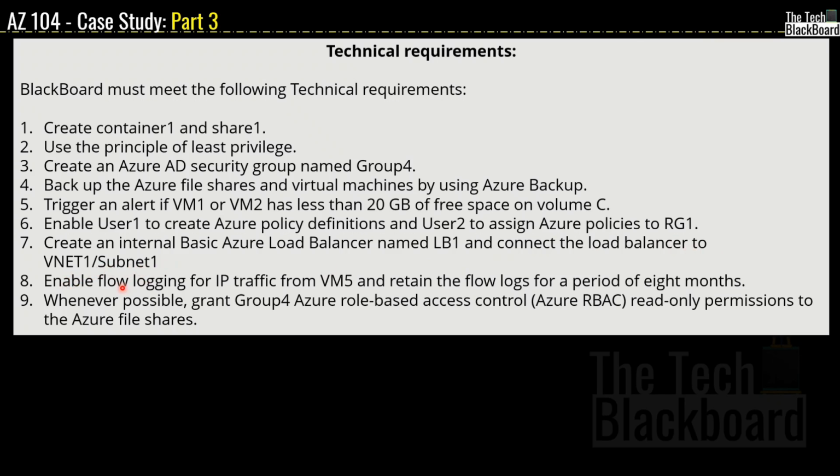Then we have enable flow logging for IP traffic from virtual machine 5 and retain the flow logs for a period of 8 months. The last technical requirement is whenever possible grant Group 4 Azure role-based access, Azure RBAC, read-only permissions to the Azure file shares. So those were all the details given in the case study. Now let's read the questions and try to answer them.